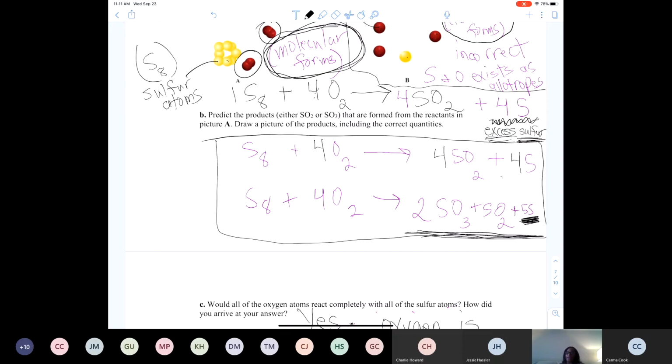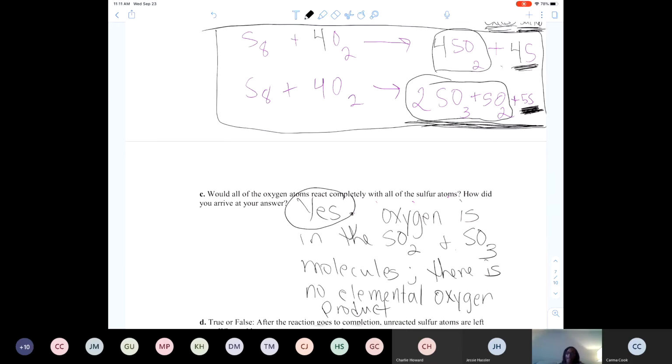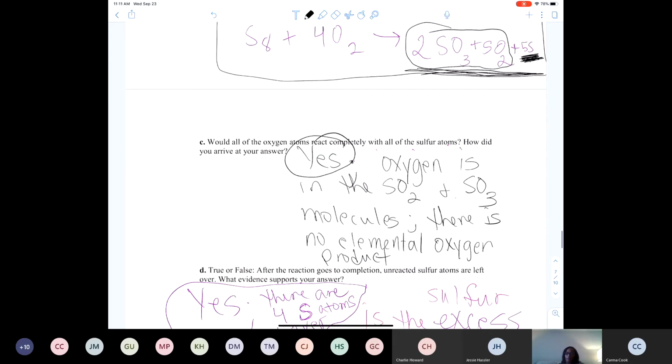So in both reactions, in forming SO2 and in forming SO3 as well as SO2, you have excess sulfur left over. So do all the oxygen atoms react? Yes. And so therefore, sulfur is your excess reactant. Oxygen is the limiting.